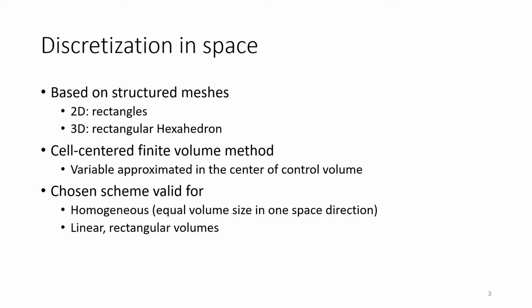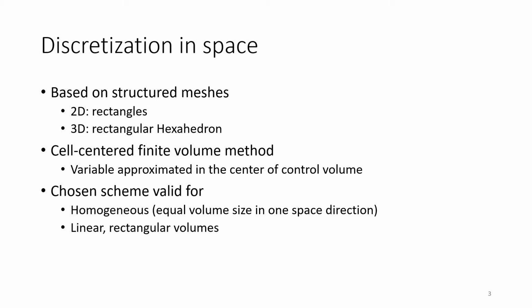And the chosen scheme here is especially valid for homogeneous as well as linear and rectangular volumes, which here is fulfilled because we work on structured meshes with rectangular grid cells, and we have an equal volume size in one direction, which means there is no wider or shallower mesh, but all meshes have equal size.